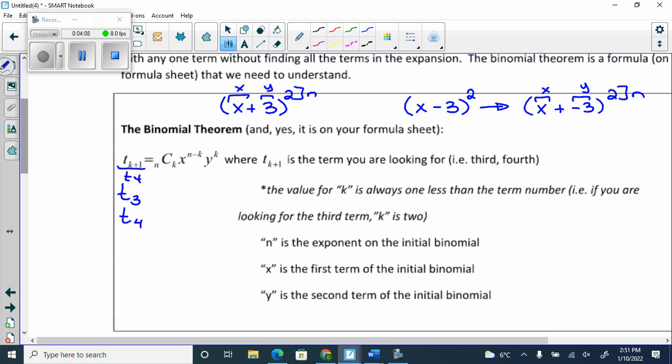Because I want this little number down here to be a 4, k would have to be 3. If I wanted to find term 7, what would k have to be? 6. That's it. So do you see how I fill in letters? We go back to that? That makes sense? So let's go back to our previous example.